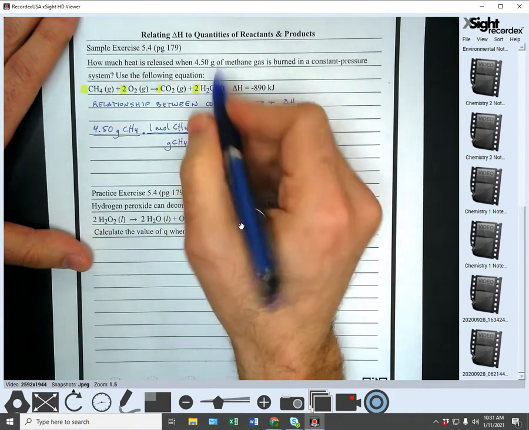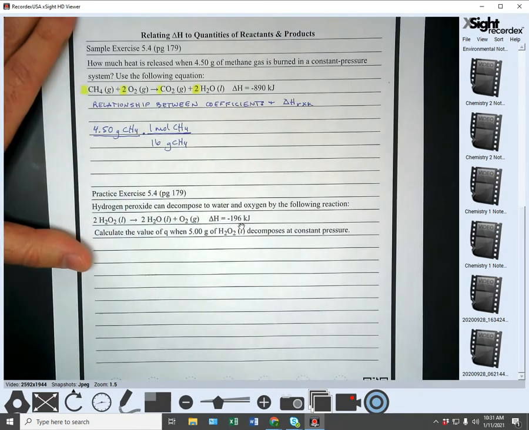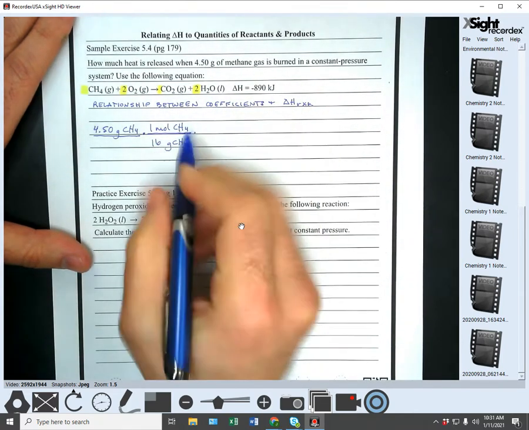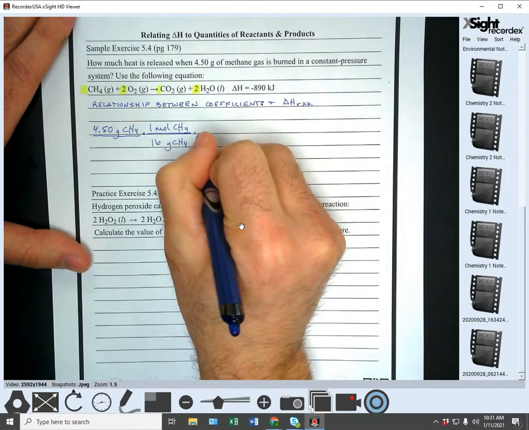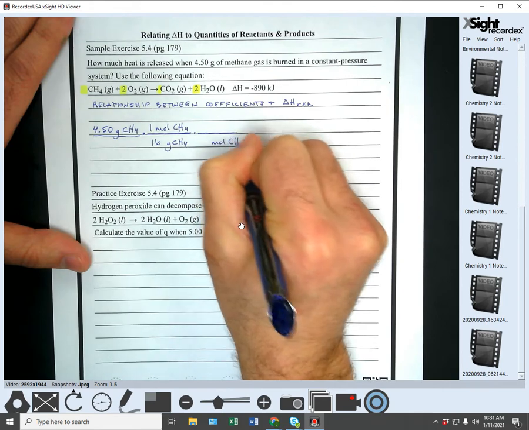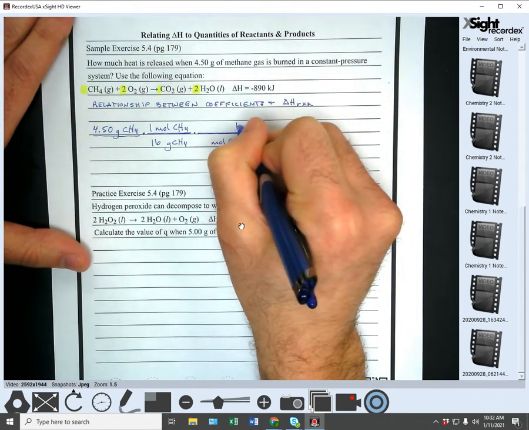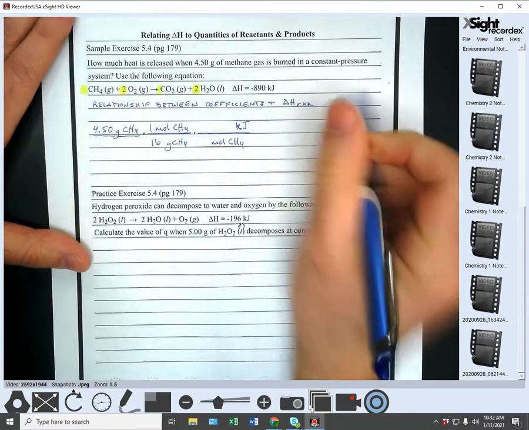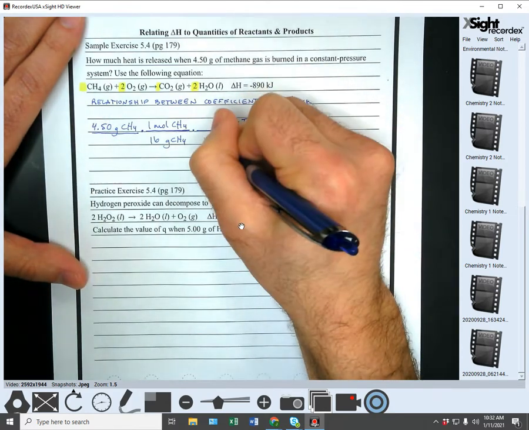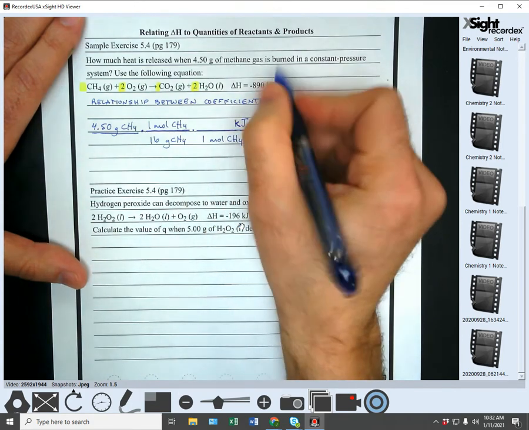12 and 4 is 16. Then we're going to convert from moles of CH4 to kilojoules. In front of the CH4 is a 1, and the kilojoules for that are negative 890.